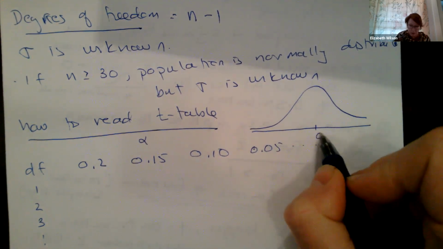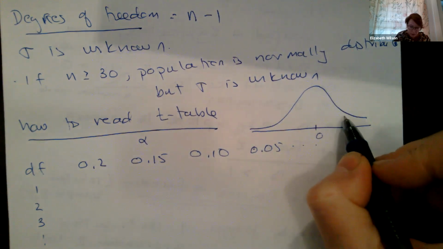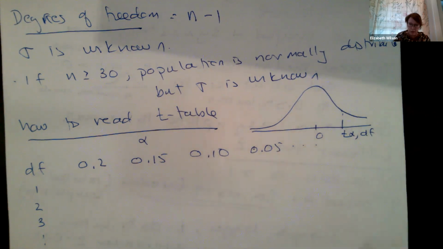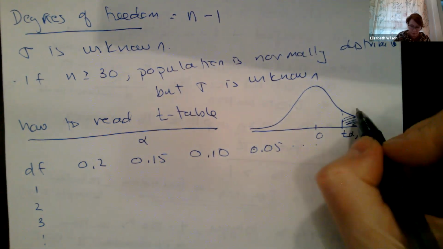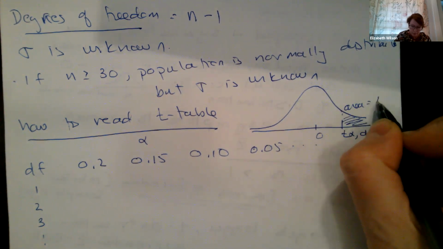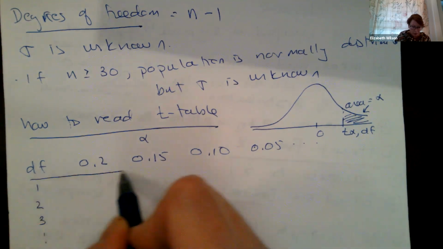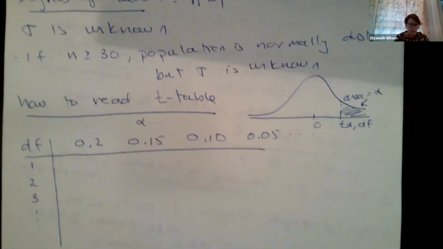Now let's draw this out. Here's our 0 in the middle, and this is what we call t alpha, degrees of freedom, and that's the area to the right of that. This area here is equal to alpha, that's the alpha up at the top. So this is what our table looks like.